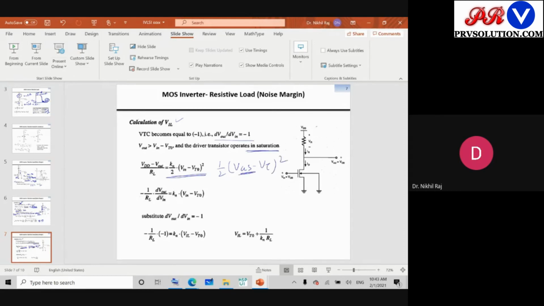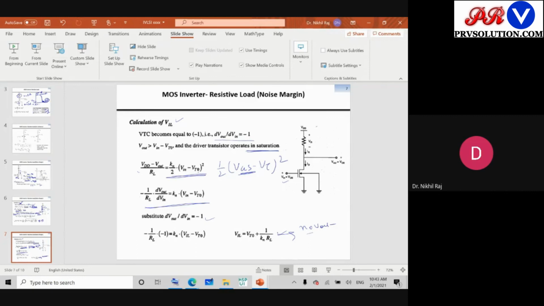VGS is nothing but V in. And what is IR? VDD minus V out by RL. Both currents will be the same. Now taking the derivative will give me this form. Placing the value of -1, we will get VIL in this form. So here you see there is no V out term.